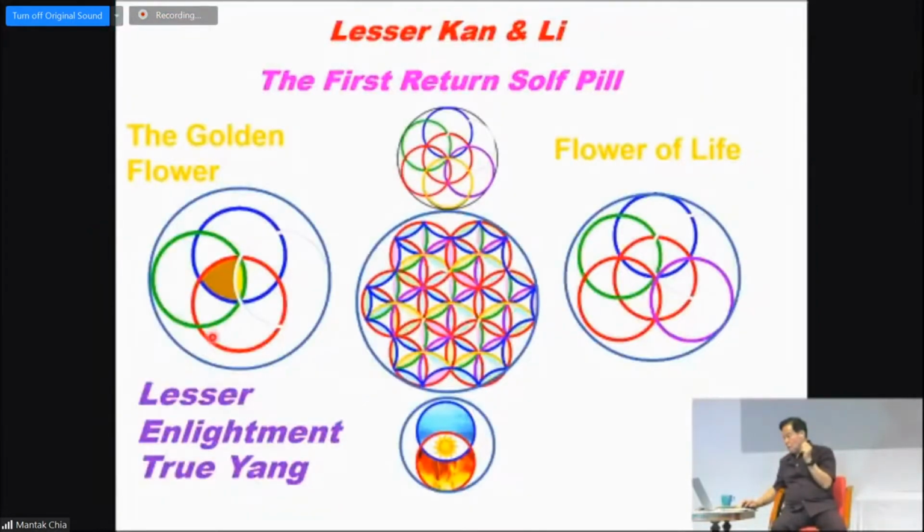And when we combine them, we have another form in here, so we call them the light fire elements. So you have water, fire, wood, metal, and earth.